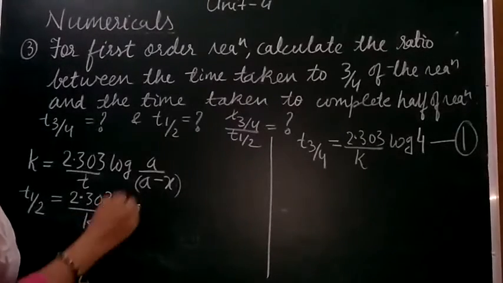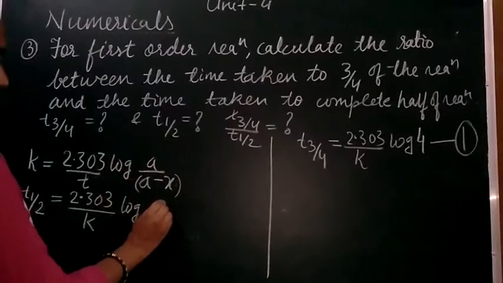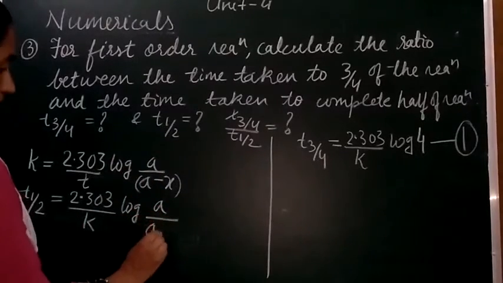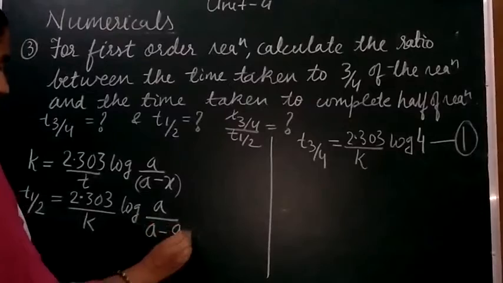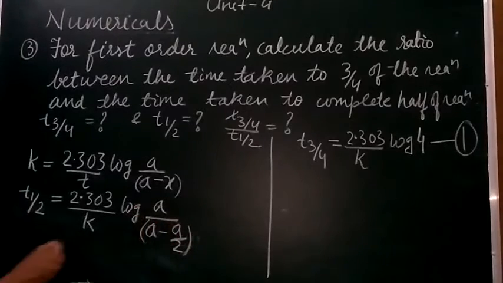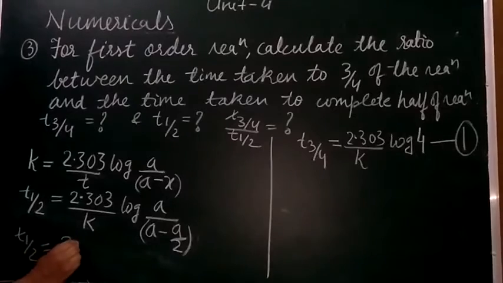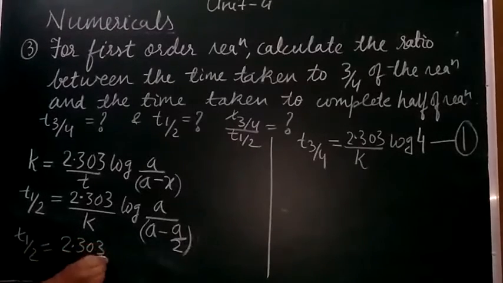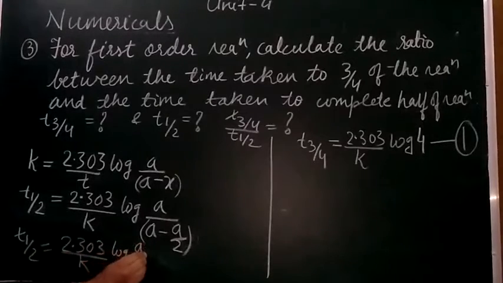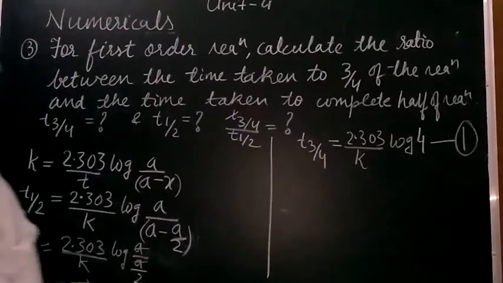This is for getting half of it, so it is a upon a minus a upon 2. So we will get here t half equals 2.303 upon k log a upon a/2.